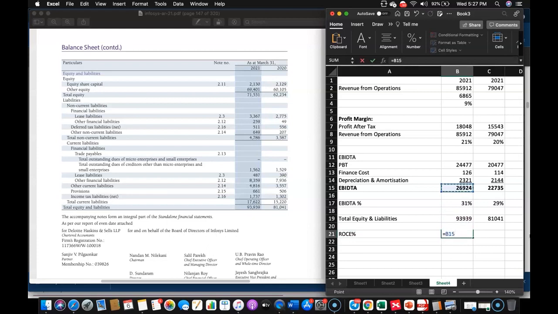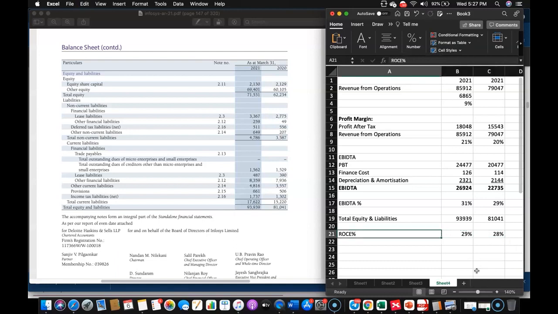This EBITDA is the profit before interest, so the numerator is before interest and the denominator includes all liabilities, which includes debt funds also. So EBITDA divided by total equity and liabilities, and this business is actually generating a return of 29% on the overall capital employed. Previous year it was 28%.